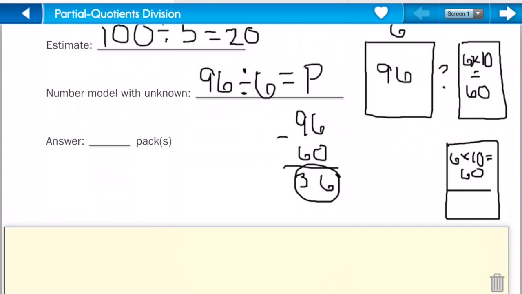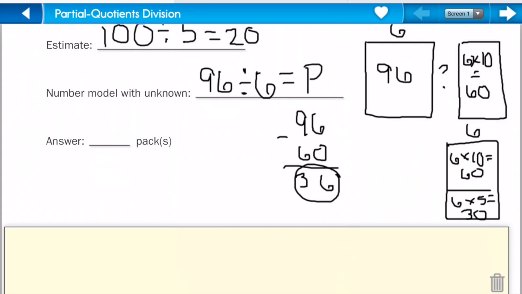What's a factor, a 6 factor, I know, that can go into 36, that can fit? Well, I know my 5s, so I'm thinking my 5s, that would be 6 times 5 equals 30. Okay, so I'm going to do that one. So I'm going to do 6 times 5, and I know that that equals 30, okay?